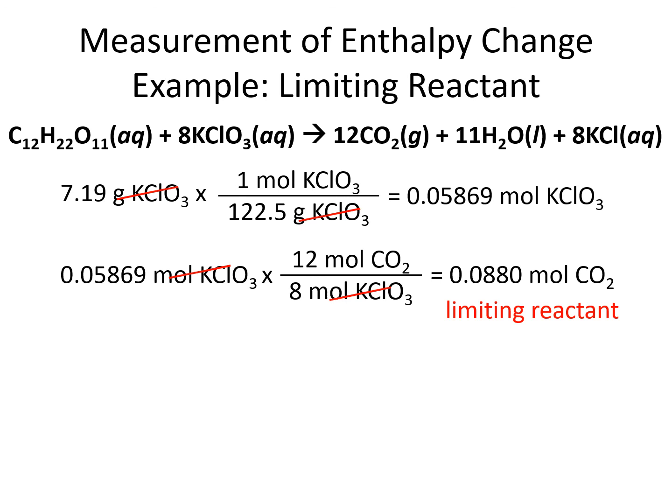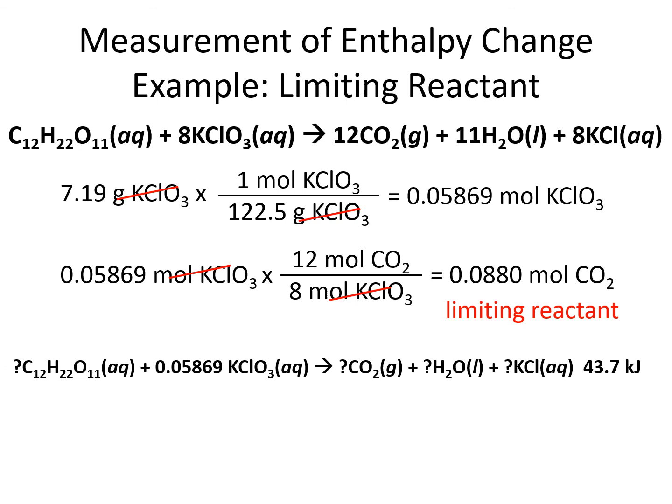Now that we know the limiting reactant, we can use the relationship between moles of potassium chlorate that reacted and heat that was produced as a conversion factor. So we can find how much heat would be produced with 8 moles of potassium chlorate. We start with 8 moles of potassium chlorate.